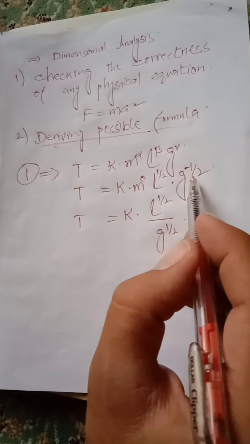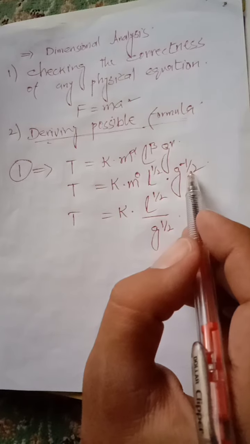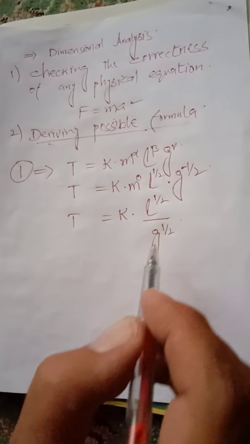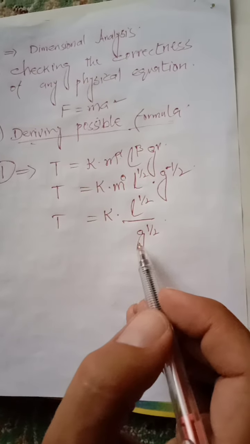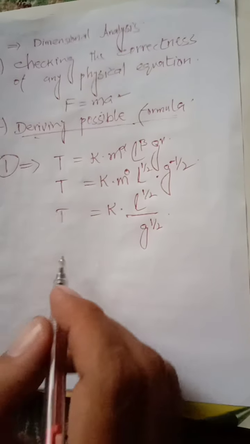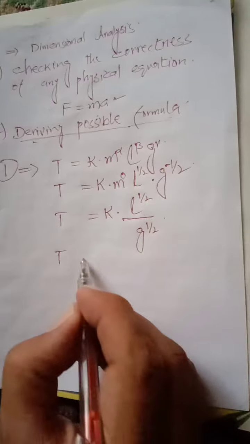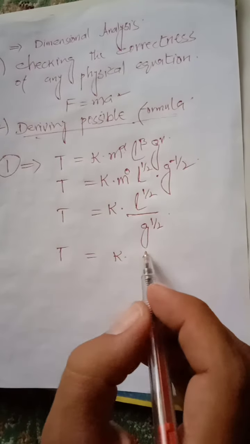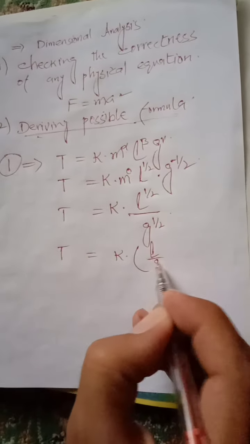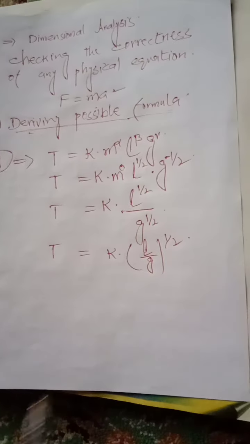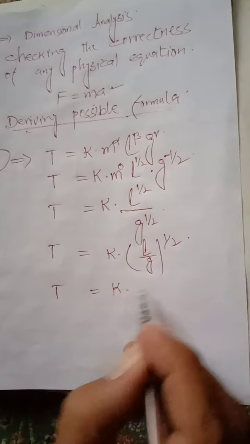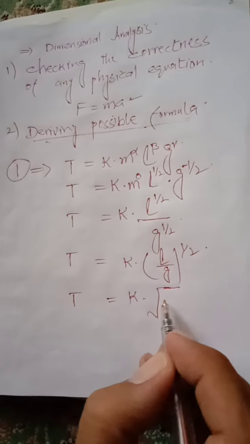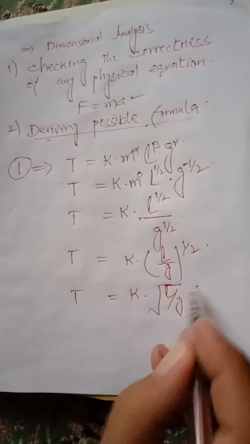Why? Because the power of g is minus 1 over 2, so by shifting it into the denominator, its power will be positive. I can write this T is equal to k L by g whole power 1 over 2. And we know that power 1 over 2 can be replaced by under root, so whole under root L by g.